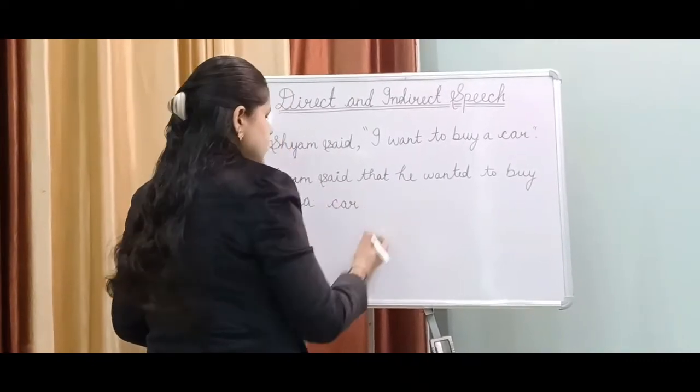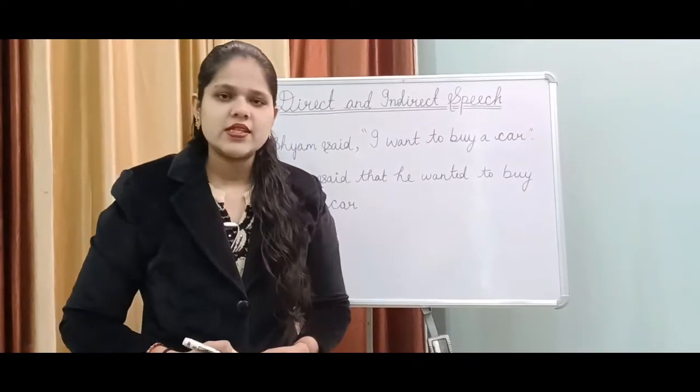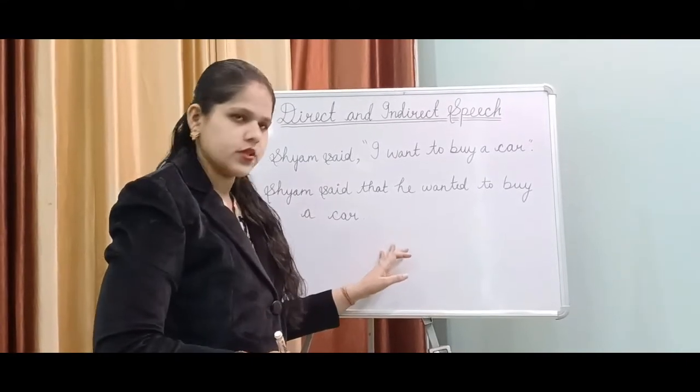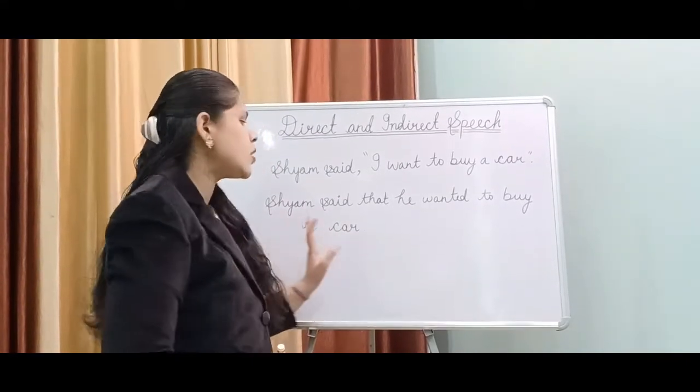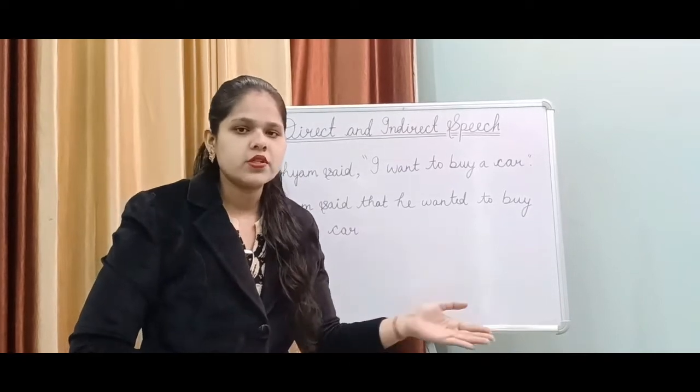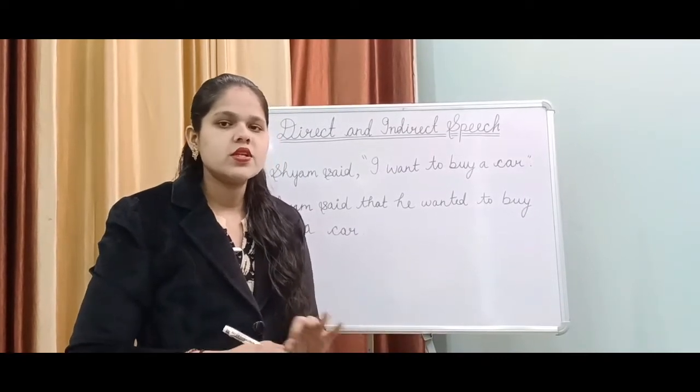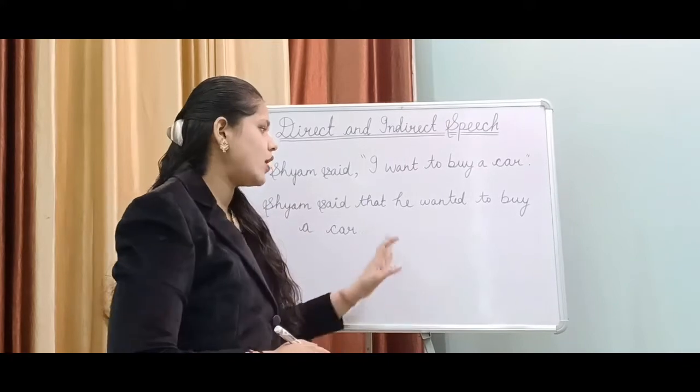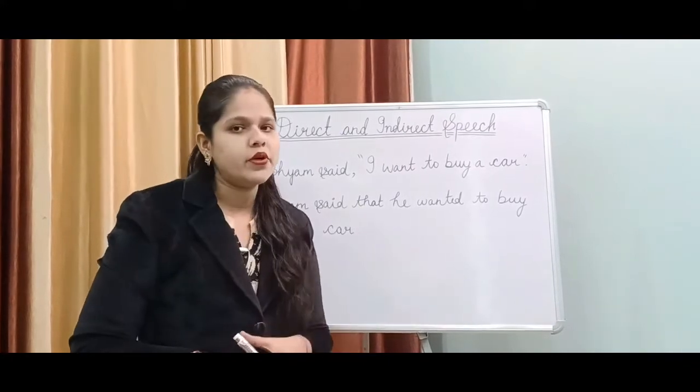In this sentence, I didn't use the phrase used by that particular person. I simply reported this to someone else in my own way. That means it is not compulsory to use only the phrase used by that person.